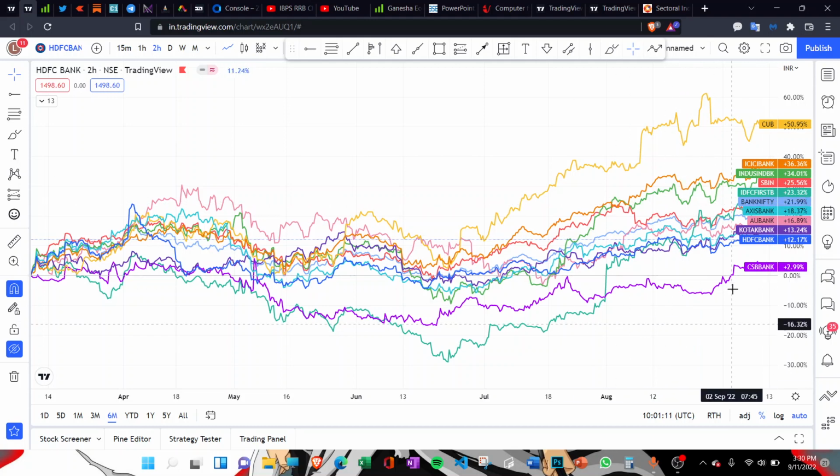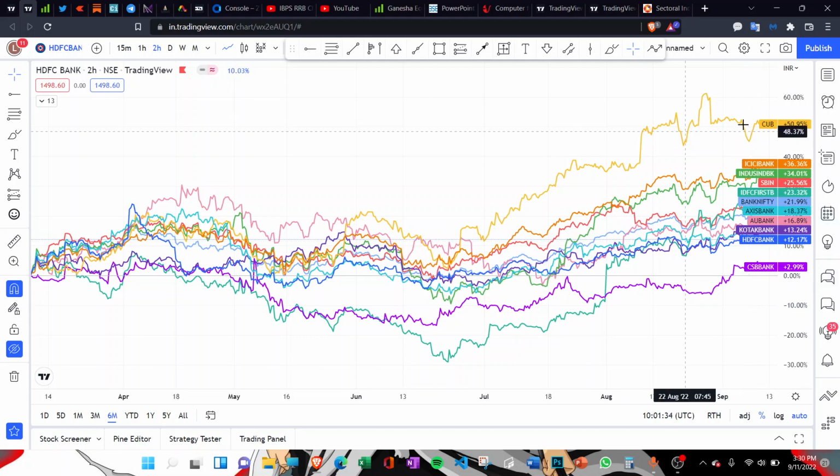So the overall Nifty Bank index has given around 21.99%, and currently I have taken only private sector banks, and the CUB, ICICI, IndusInd, and one PSU bank, the SBI, and IDFC First Bank, they have outperformed the index, that is our Nifty Bank, your sectoral index.